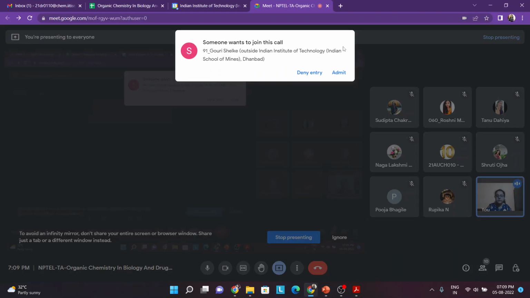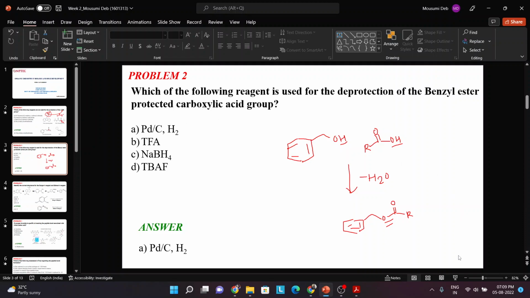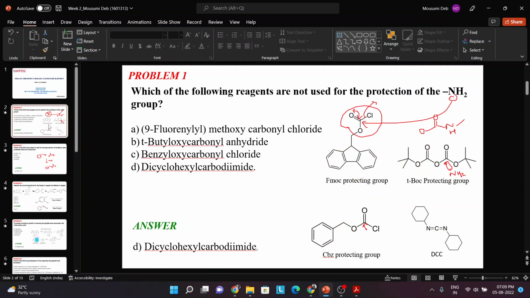Since there is an amine group and a carboxylic acid group present in the amino acids, you only need to remember which protecting groups are used to protect the amine groups and which reagents are used for the deprotection. Like in the last question I spoke about the FMOC, TBOC and CBZ protecting groups.